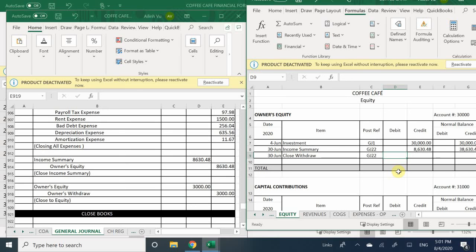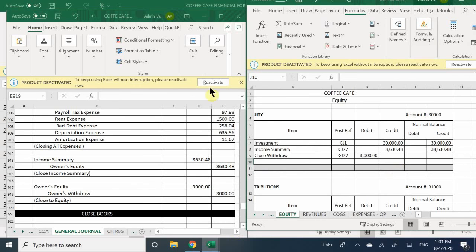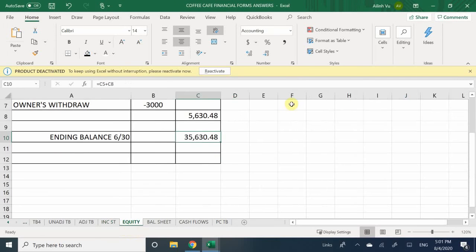And here we are debiting, so we're going to bring down the value by $3,000. And that should give us a grand total in this equity account of $35,630.48, which if we go to our statement of equity, we're going to see that ding, ding, ding, we got it to match 100%.